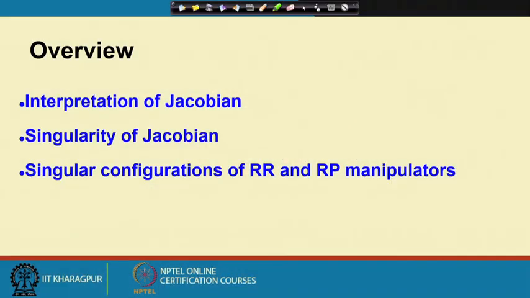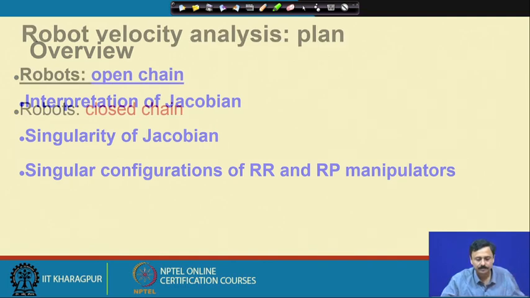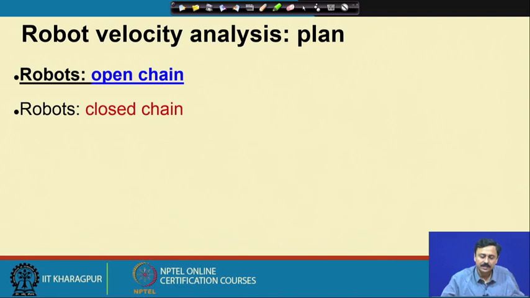So, in this lecture today we are going to look at first the interpretation of the Jacobian matrix. We are going to look at the singularity of the Jacobian matrix with the examples of the RR and RP manipulators that we have discussed. So, we are discussing the open chain planar robots.